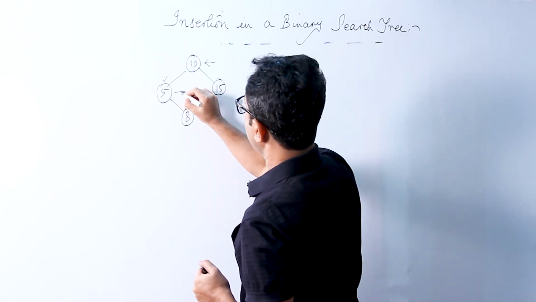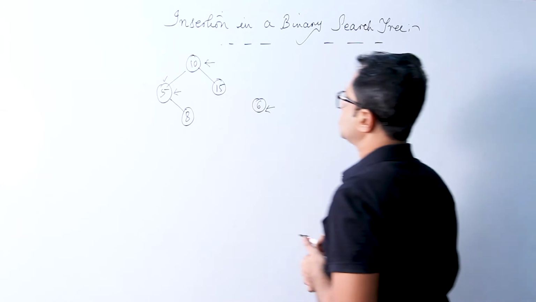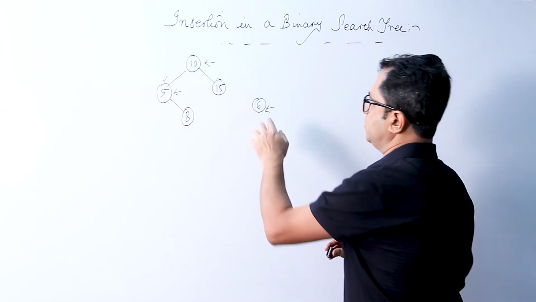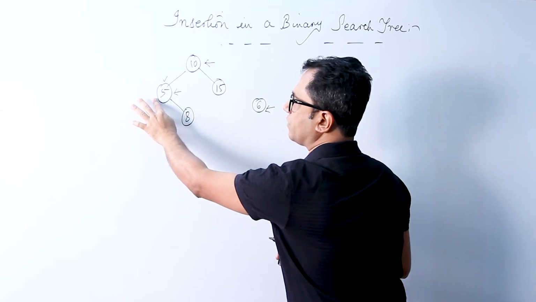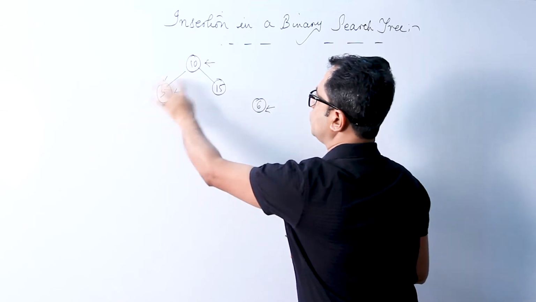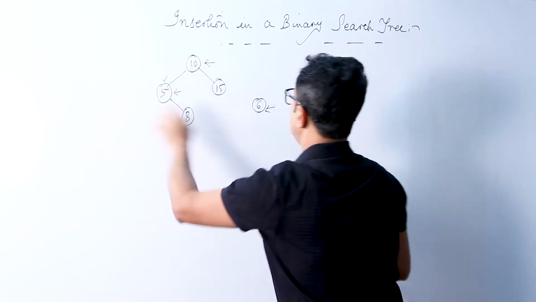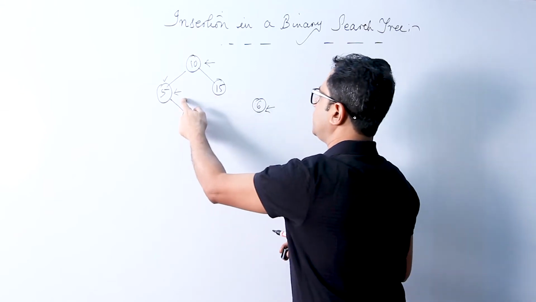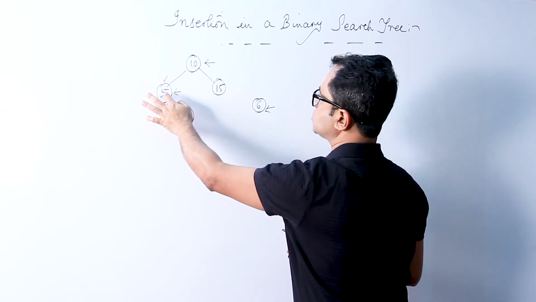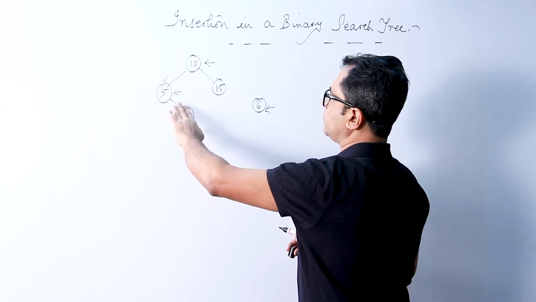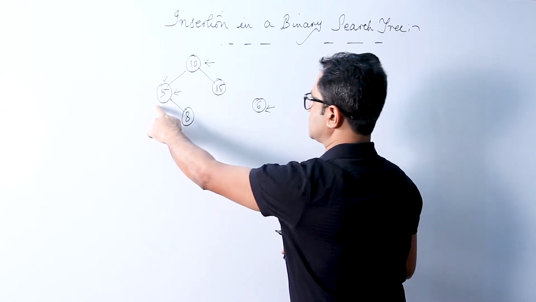We again do the same operation, comparing 6 with the root node value 5. 6 is greater than 5, so it is to be inserted in the right subtree of this left subtree.